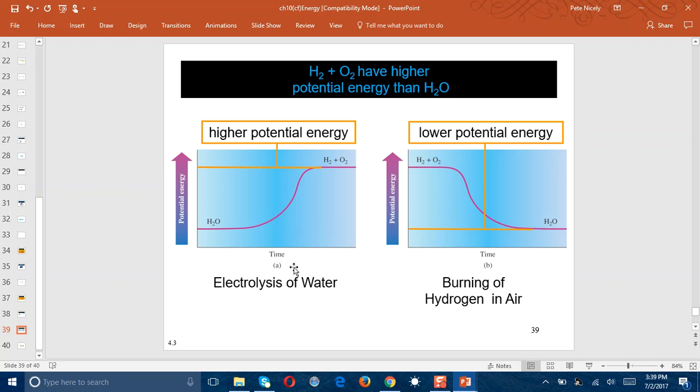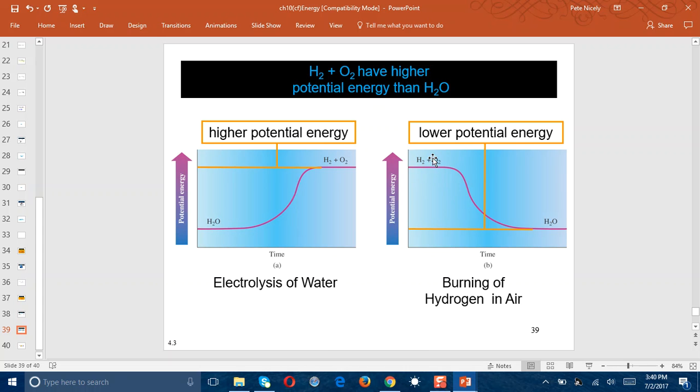Two diagrams actually. The first one is where you have water being electrolyzed or decomposed by electricity to form hydrogen and oxygen. Energy is required, so what you'll find is that the energy of the products, which would be hydrogen and oxygen, is greater than the energy of the reactant, which is water. On the other hand, if you have a reaction where hydrogen is reacting with oxygen to form water, energy is lost.